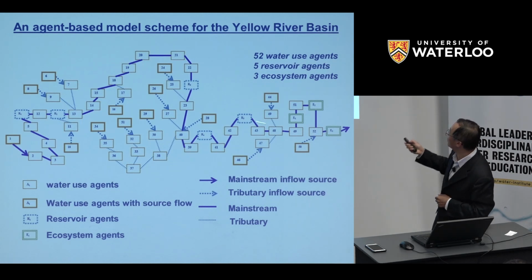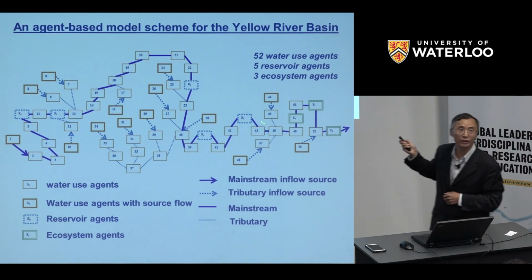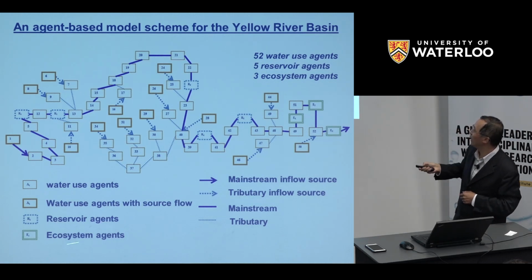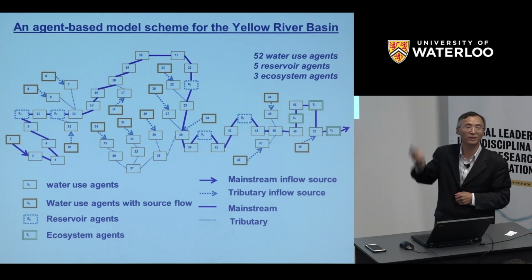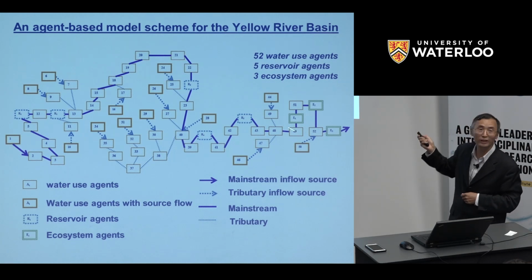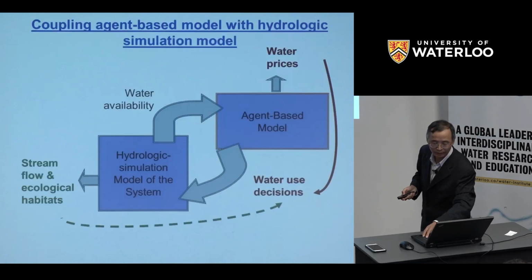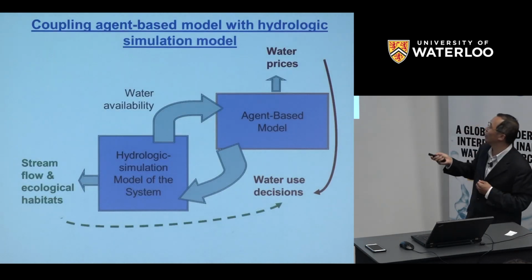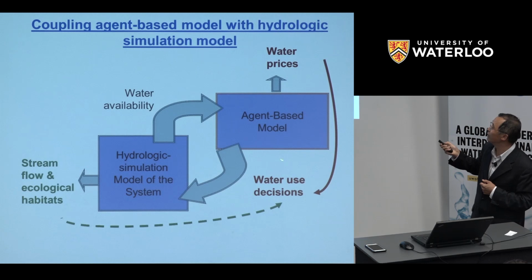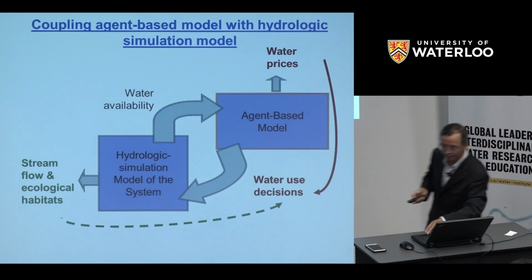Especially in the downstream of the Yellow River Basin, we consider three ecosystem agents, because this is a place where we need some water to maintain ecosystem integrity. We combine a hydrologic simulation model with this agent-based model, and through the cycle between these two models, we determine the water prices at different places and different months, and also the water use decisions.